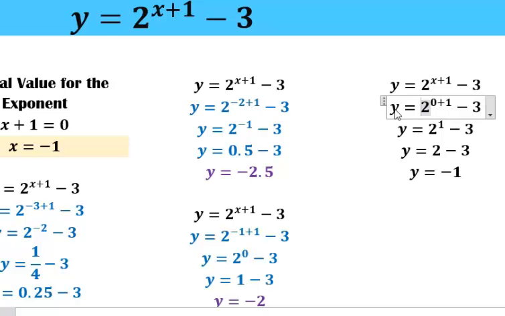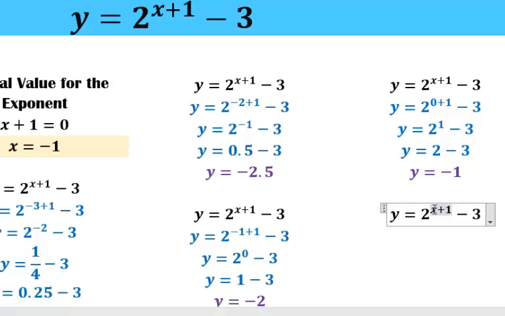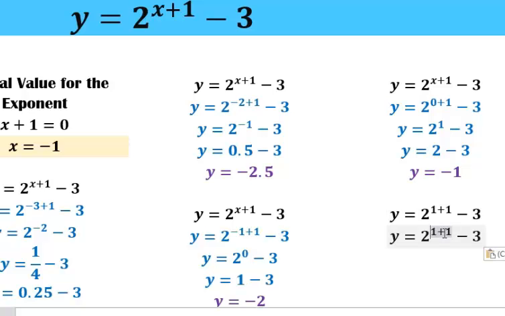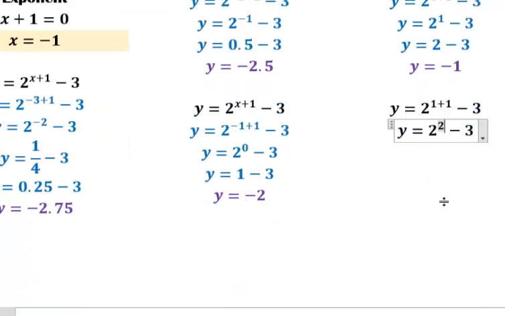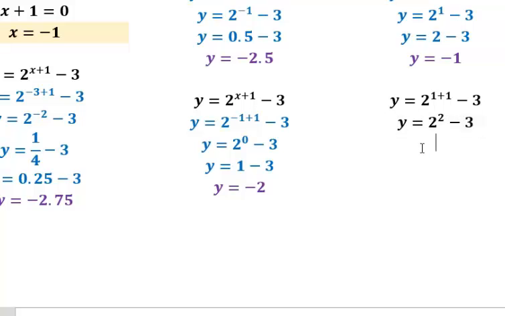The final number we're going to use is number 1. So 1 plus 1 will be 2. 2 squared will be 4. 4 minus 3 will be 1.